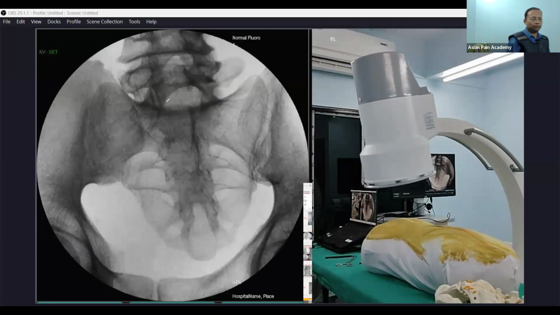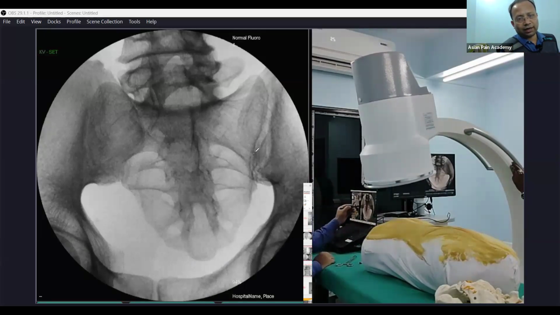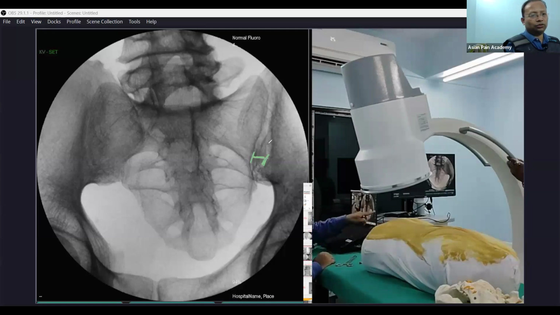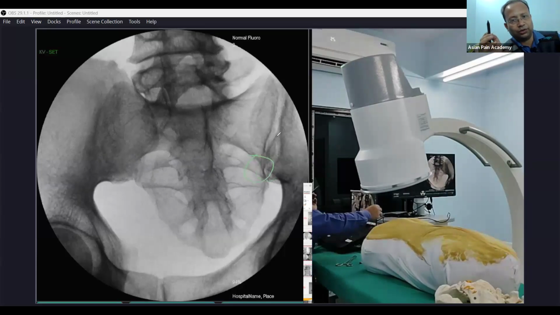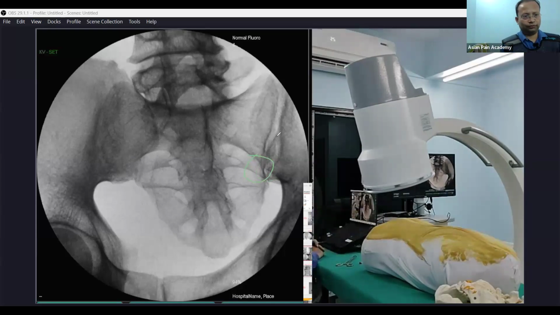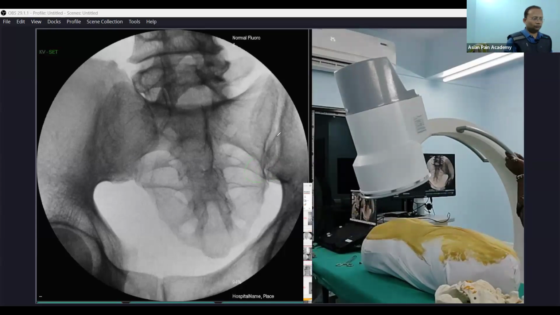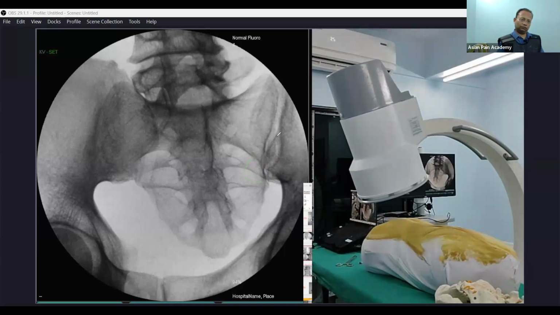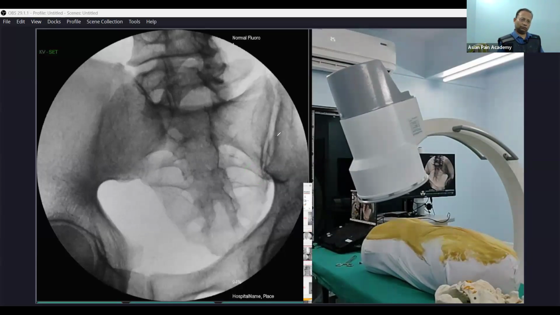Okay. So by contralateral oblique, you can see both the joint lines are coming together. This distance is getting smaller. So we will make it a bit more oblique and we will see only the lower part will get overlapped. Okay.